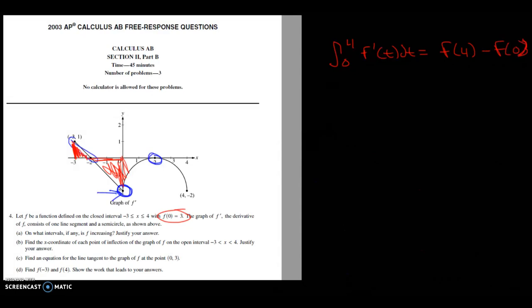Well, we know f of 0 is 3, so we have f of 4 minus 3. Okay, now we need to find the area. If you look over here, I'm going to switch colors. Maybe green. If you look over here, this is basically a rectangle being subtracted by a semicircle. And that's how we're going to find this area over here.